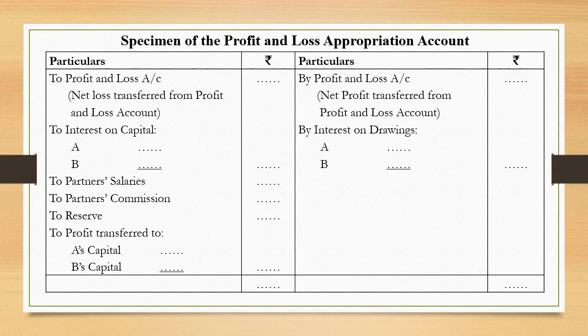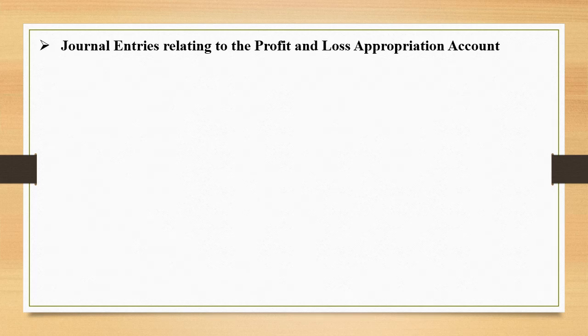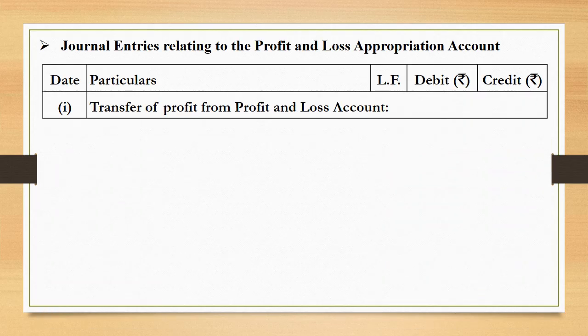Now, what are the journal entries relating to the profit and loss appropriation account? First, transfer of profit from profit and loss account. We know that when we close profit and loss account, if the credit total exceeds the debit total, the difference is said to be a net profit.